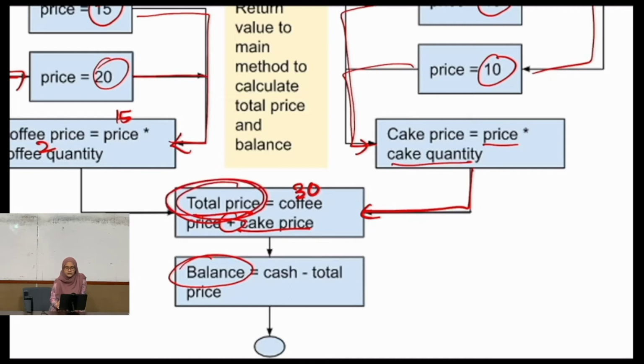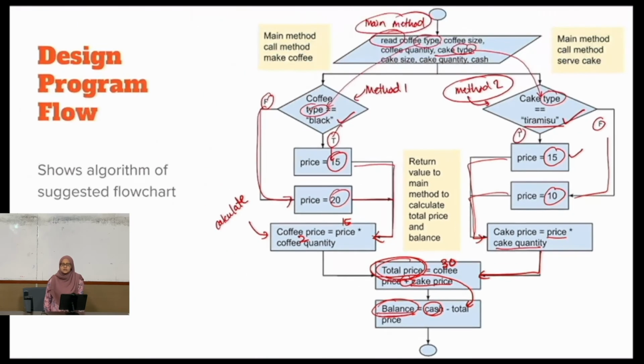Okay, and then here you will have to get again the value of the cash given in the first step to do a deduction with the total price to get the balance. With this, we can say that you have a complete flow or algorithm of your procedure. Having done that, you should be able to develop your own program.